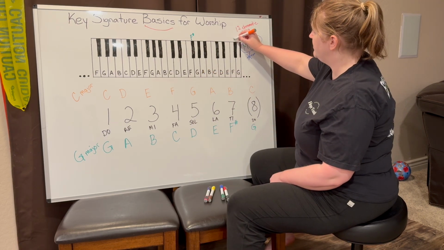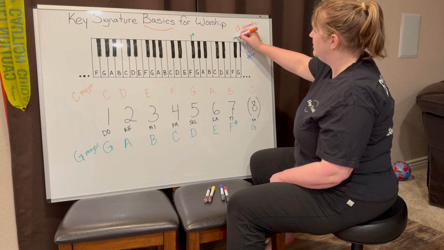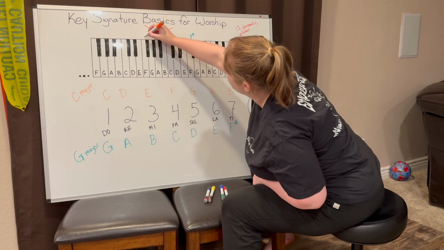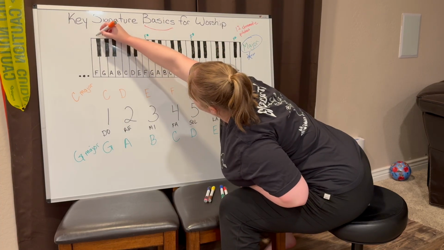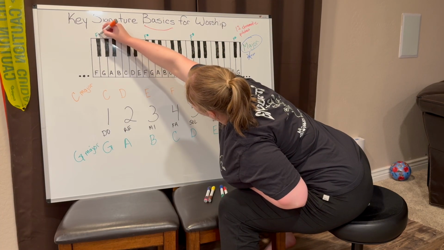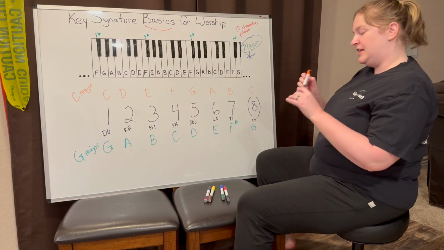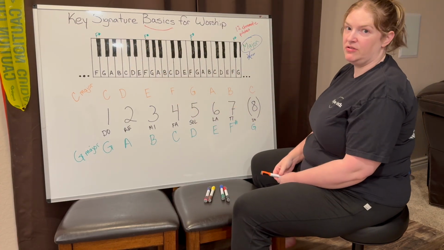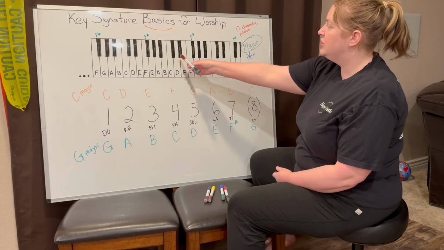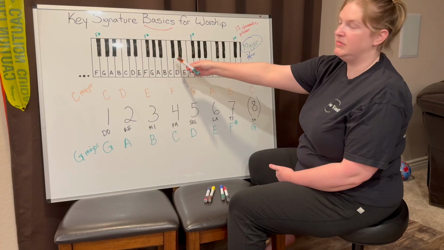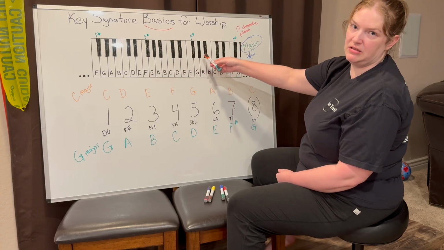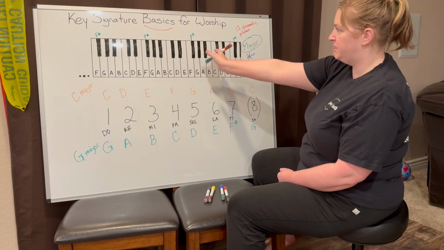I will write it up here for you to be able to see all of the places that it shows up on this little keyboard. You can find it because when you look at a keyboard, you have this little 2 black key bundle and this little 3 black key bundle.